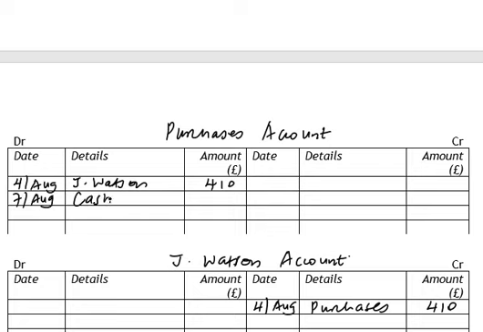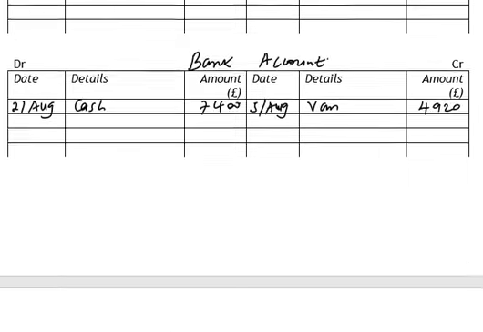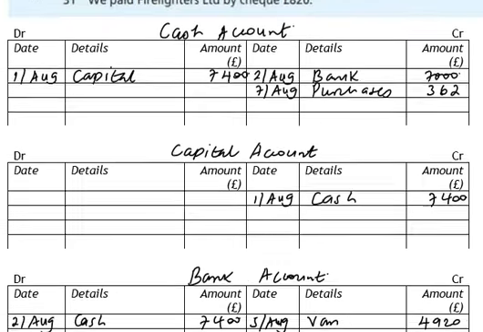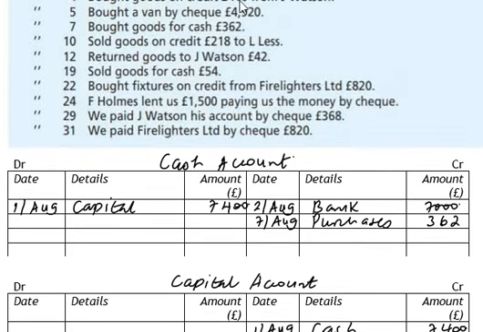Cash. Cash is how much? That is 362. Then from 7th, we move to 10th.